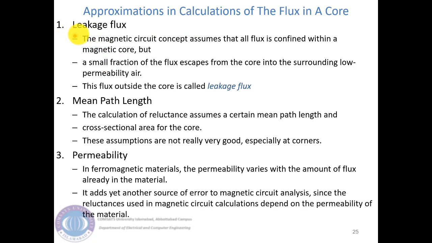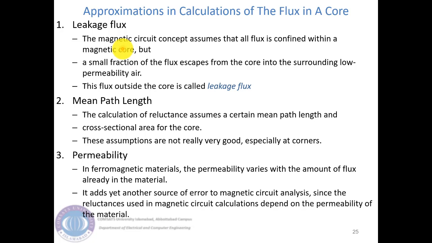One of the first approximations is about the leakage flux. We know that whenever flux is produced, it will go into the core. But some flux will leak out into the space, and because the space has less permeability, it will not allow that flux to pass through easily to the other side of the magnetic circuit.